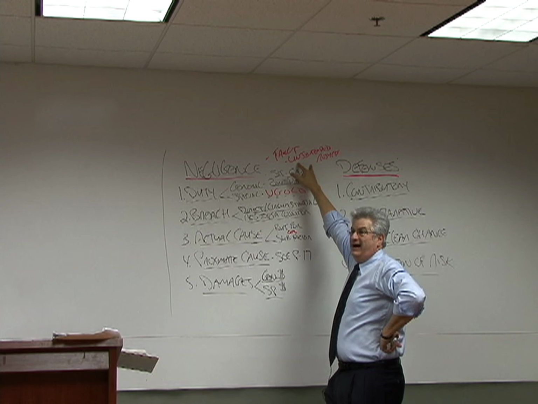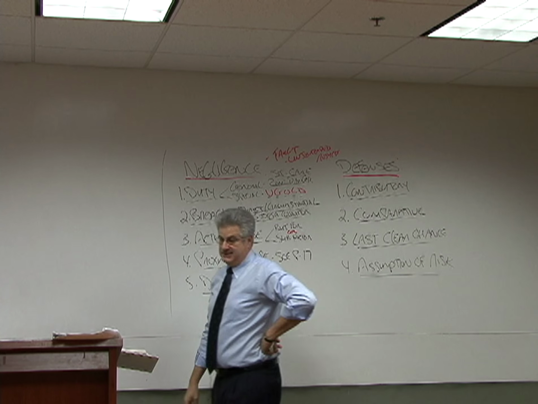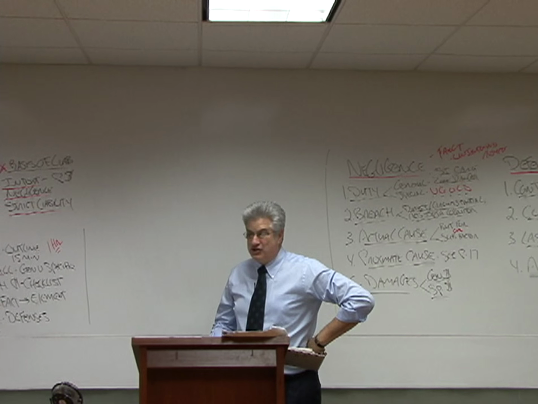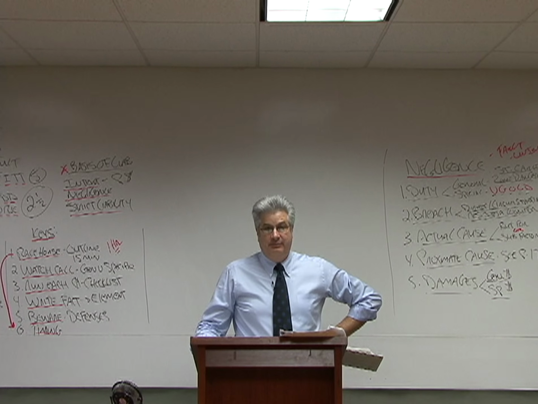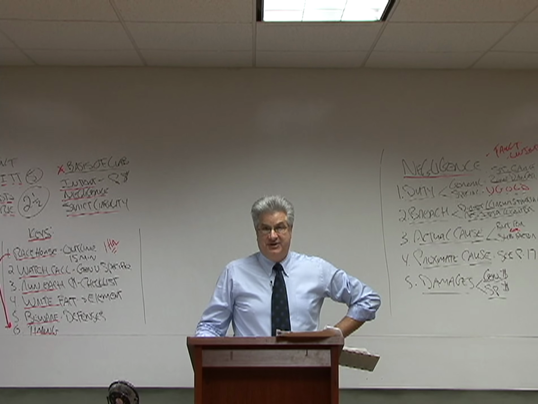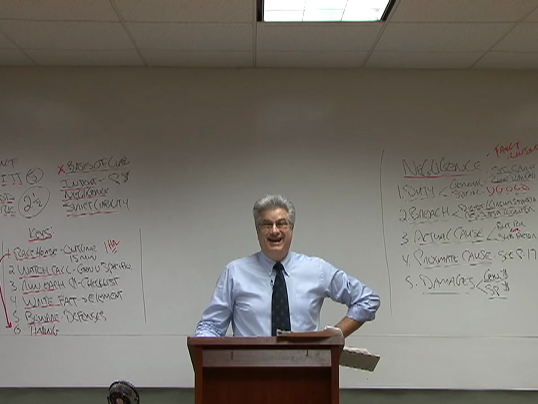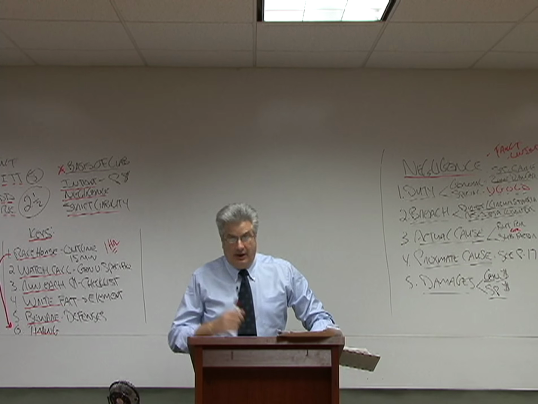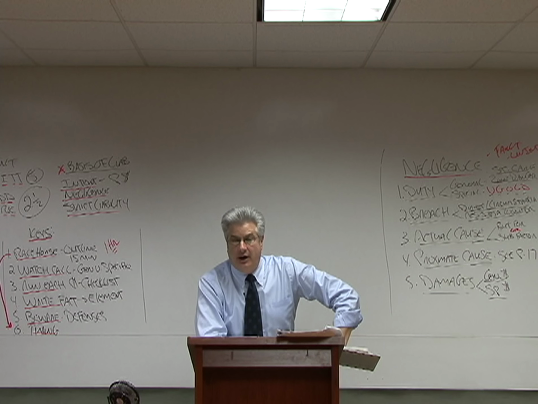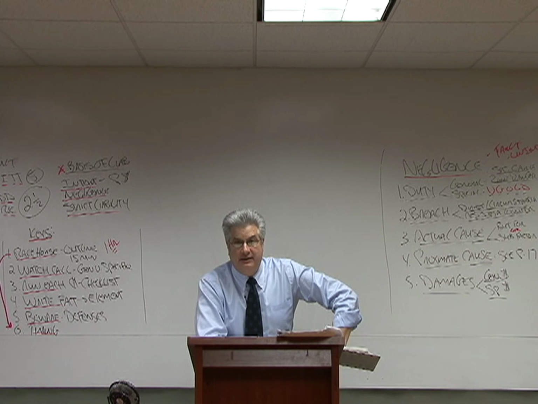For example, a doctor who commits malpractice. A doctor does not intentionally want to harm his patient, but he might put in the wrong hip replacement. That would be considered what? Negligence. Let's talk about slip and fall. Let's say you're in a department store, and the department store has a broken stair, and they are aware of it but didn't have time to fix it. Somebody falls down the stair.